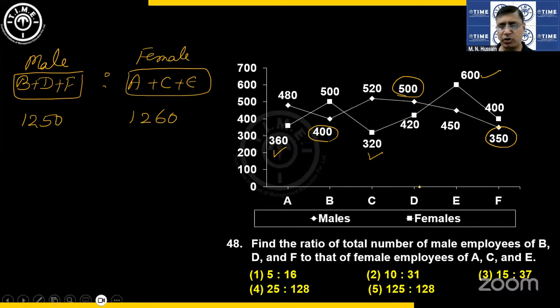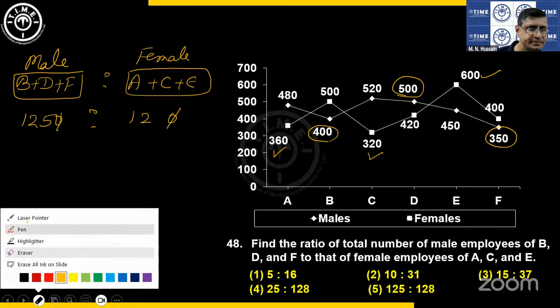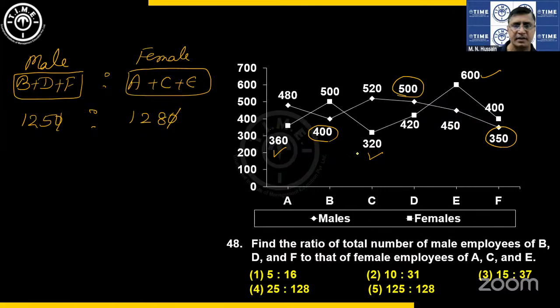Okay, on solving this, 0 and 0 get cancelled. 125 and 128, their common difference is 3.